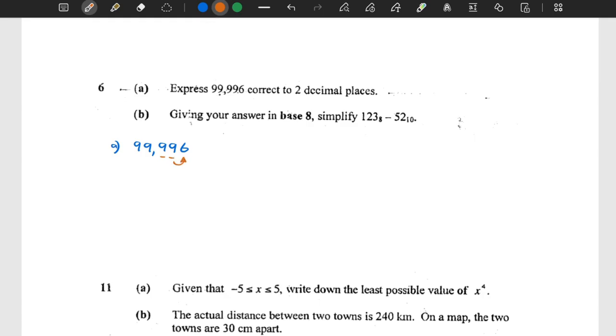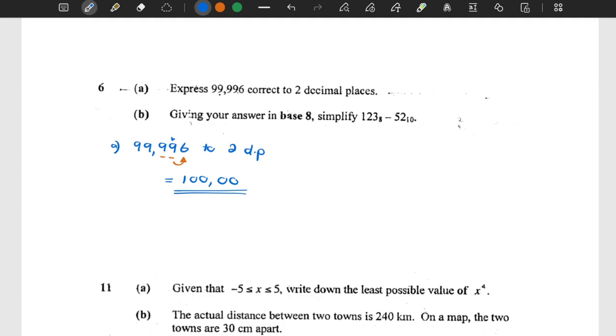And 6 is greater than 5, so we have to round up, by adding 1 to this 9. When we round up, it becomes 10, and because it's a bunch of 9s, it adds up in a cascading order, so we get 100.00. Remember, you have to have the two decimal places, so the zeros after the decimal point actually matter in this case.